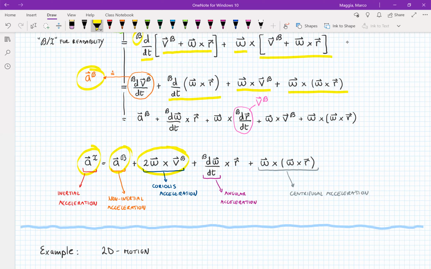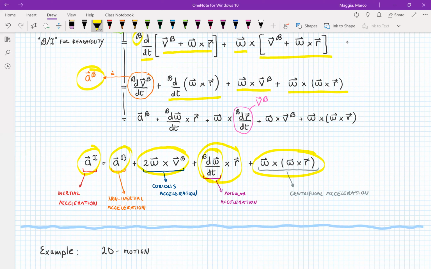Then we have another term which contains the derivative of the angular velocity, which is indeed the angular acceleration. And then we have this double cross product, which represents the centrifugal acceleration, sometimes also known as the transport acceleration.